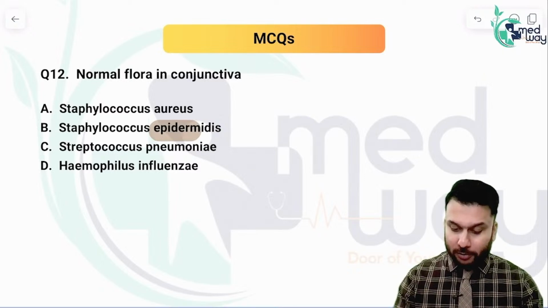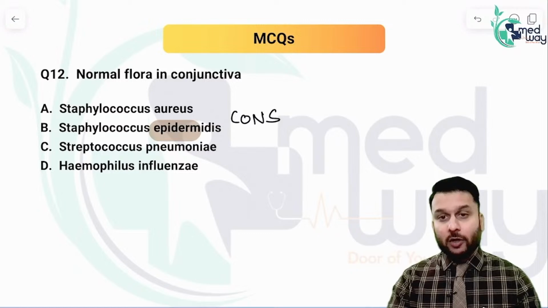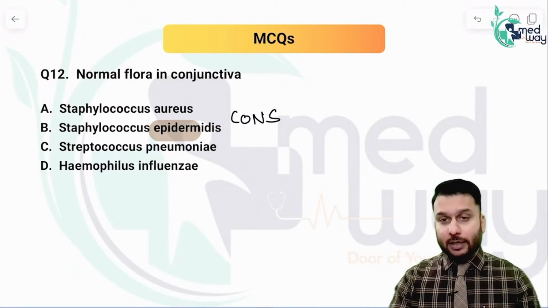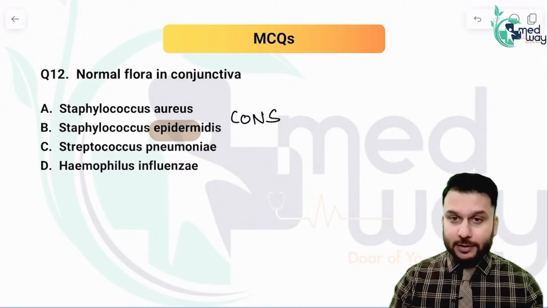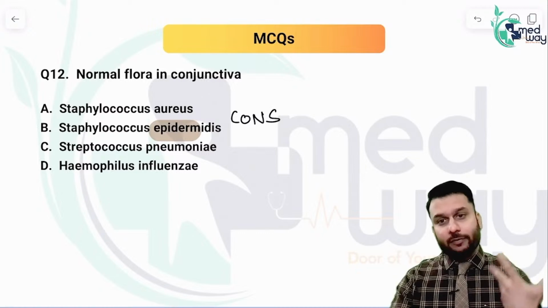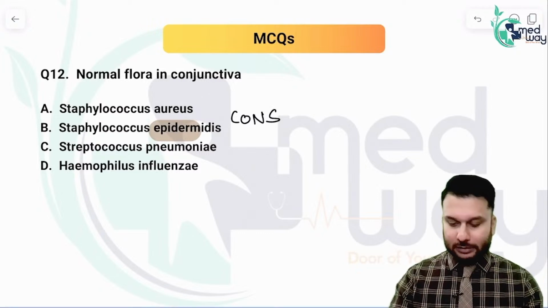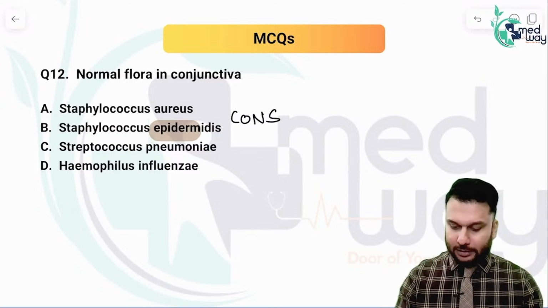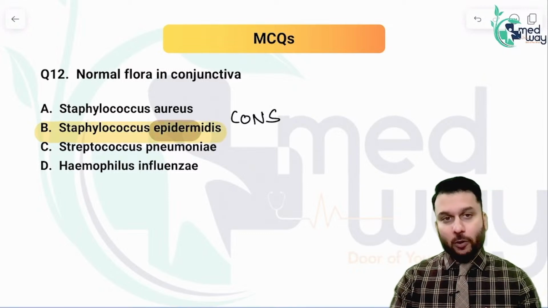You know, in microbiology, we classify this guy in the category called CoNS. CoNS like epidermidis are one of the most common organisms that you can expect in the eyes. Otherwise, even on the skin, this guy is found. So the answer to this should be this only. This is something where you had to apply a bit of logic.